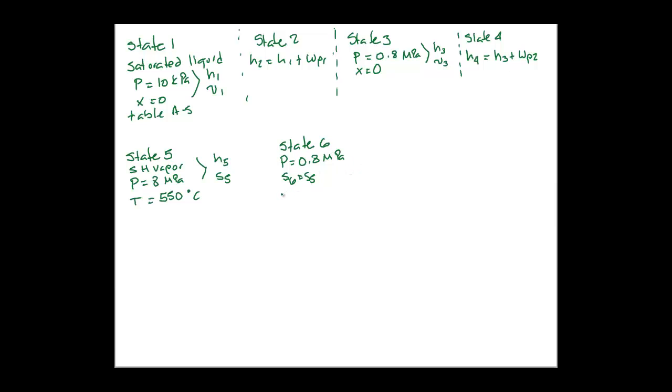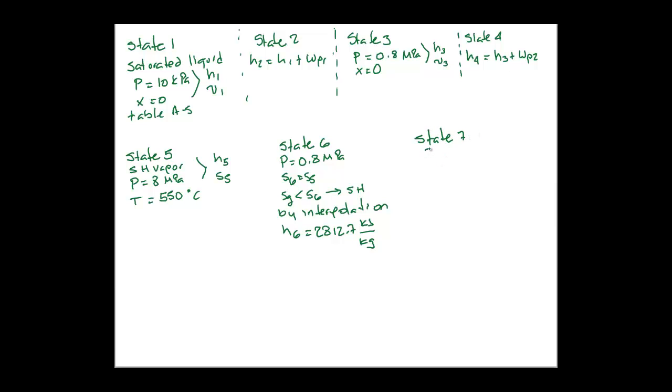What I can tell you is that since Sg at 0.8 megapascal is less than S6, we still have superheated. So by interpolation, you should get H6 equal to 2812.7 kilojoules per kilogram.